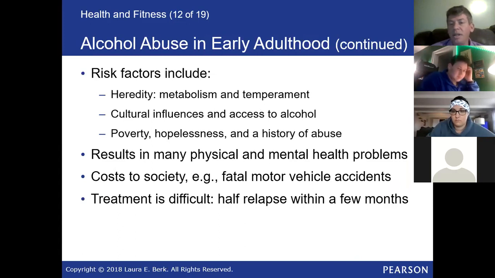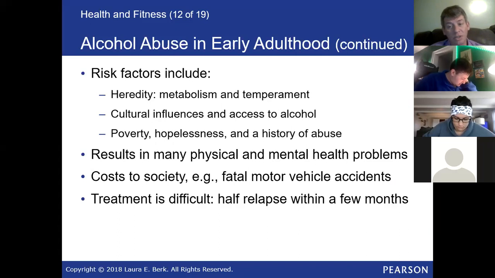Alcohol abuse in early adulthood continued. Risk factors include heredity, our metabolism rates, and our temperament. Cultural influences: you grew up in Ireland versus Italy, completely different, right? Ireland, they do not condone childhood consumption of alcohol, but they do condone public drunkenness.